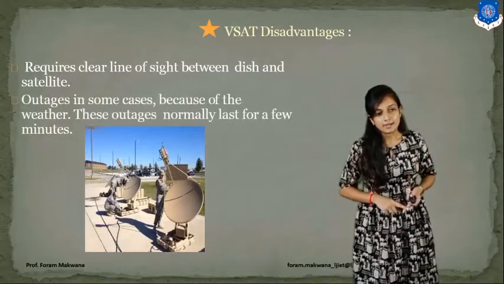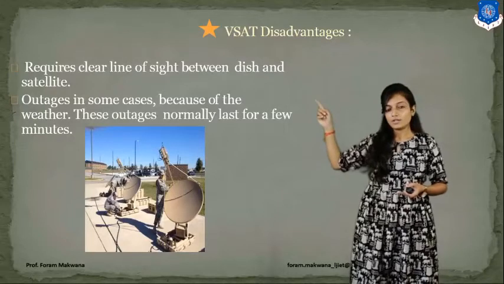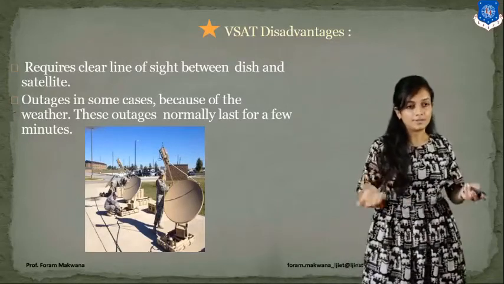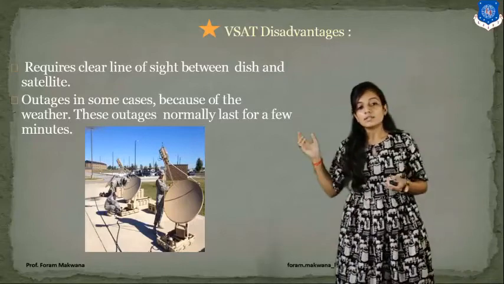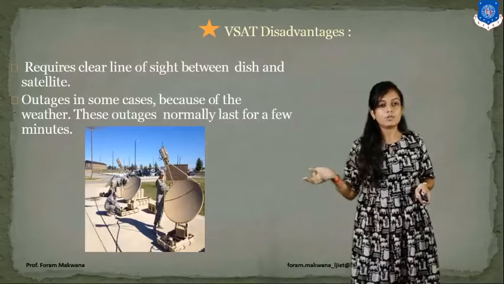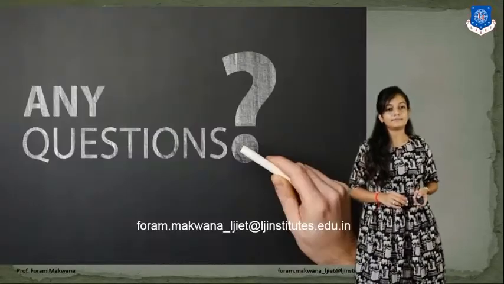We can say that this is the first disadvantage. The second disadvantage is outages in some cases because of the weather. These outages normally last for a few minutes. So it can be a disadvantage for VSAT, right?